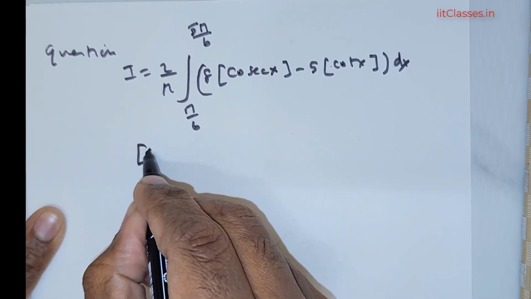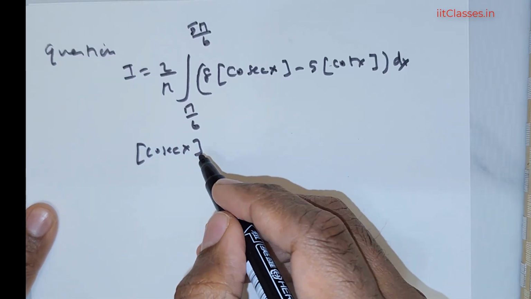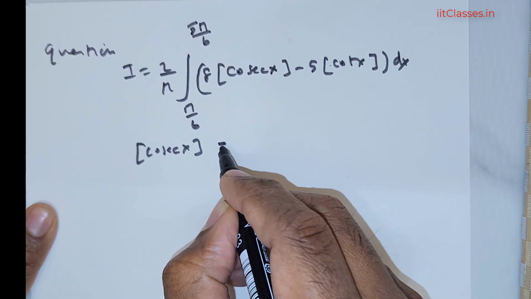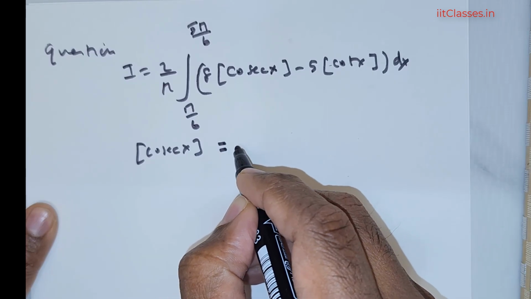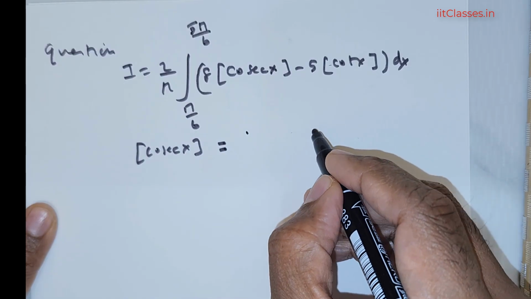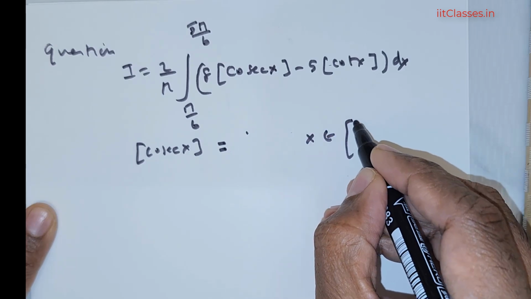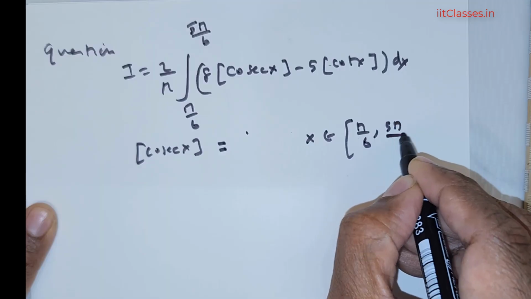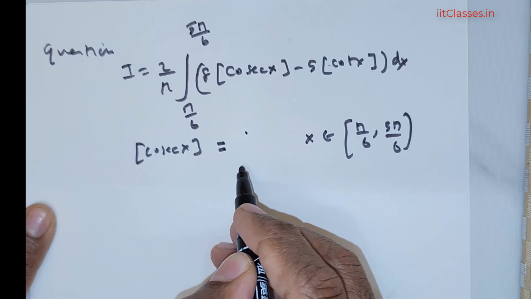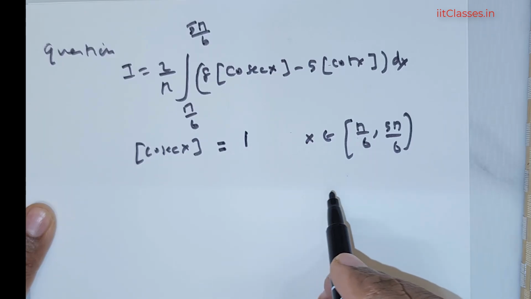We will have to locate the value of cosecant x with the greatest integer function being operated on it. For x an element of pi over 6 comma 5 pi over 6, this is going to give us a value of 1 for this interval.